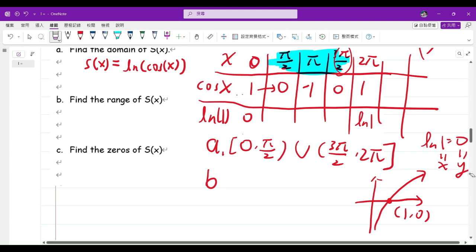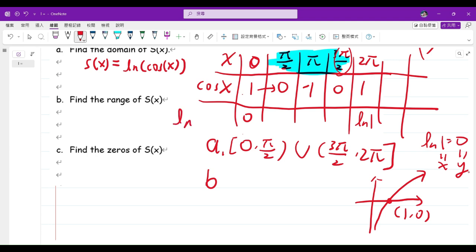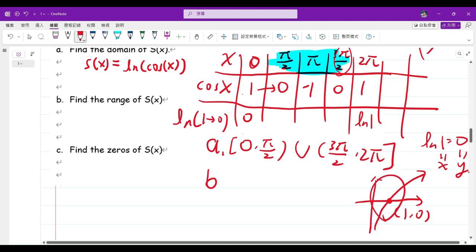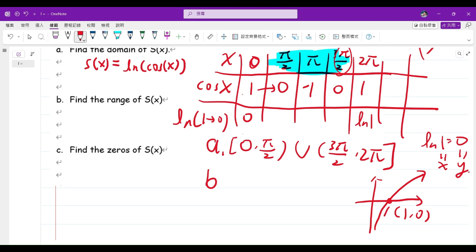That means we plug in a number from 1 and slowly decrease to 0. So you see in this graph, when x moves from 1 to 0, the value of y keeps decreasing to negative infinity.